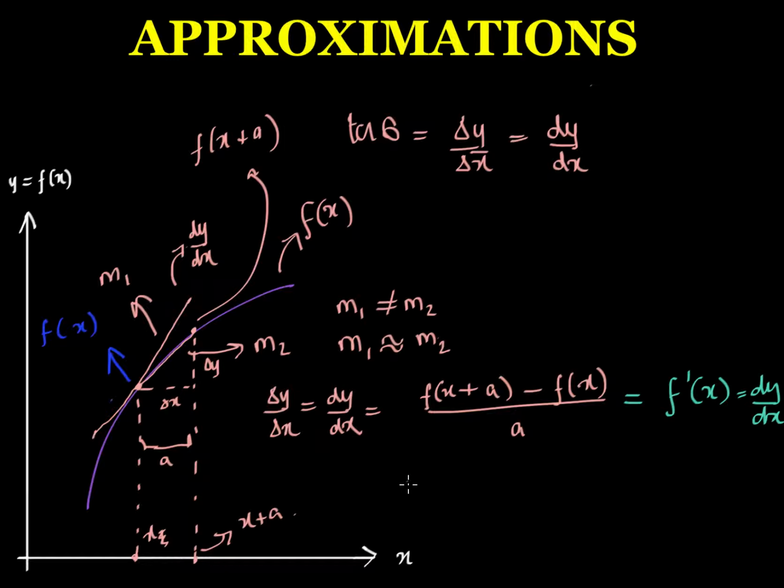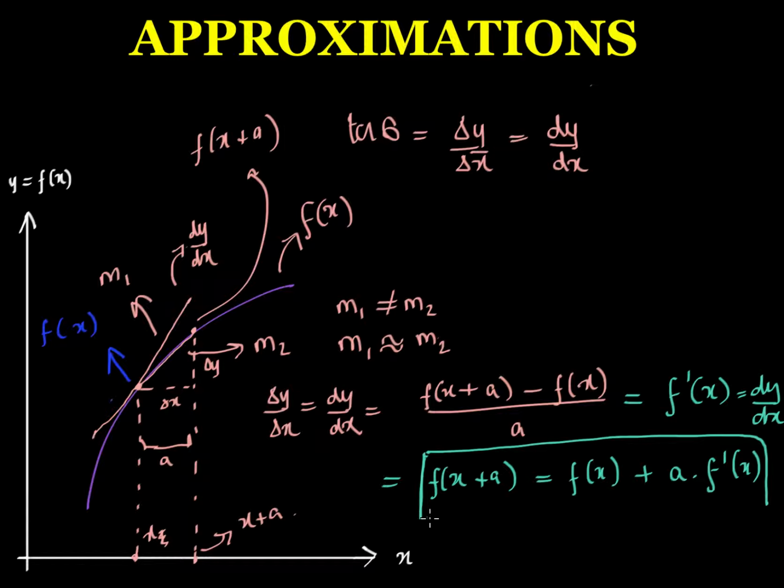So let's just clear things up a little. We have f of x plus a is equal to f of x plus a times f dash of x. Now, and this is so crucial. I'm going to show you how this actually helps us calculate square roots in just about 2 to 3 seconds. Now, this formula is not basically a formula if you understand it.